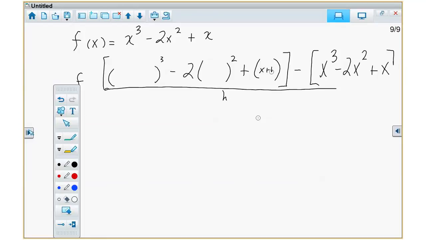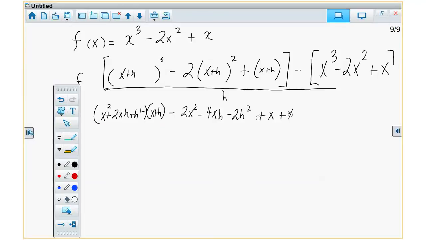X plus h, x plus h, x plus h, x plus x squared plus 2xh plus h squared times x plus h minus 2x squared minus 4xh plus or minus 2x squared plus x plus h minus x cubed plus 2x squared minus x.